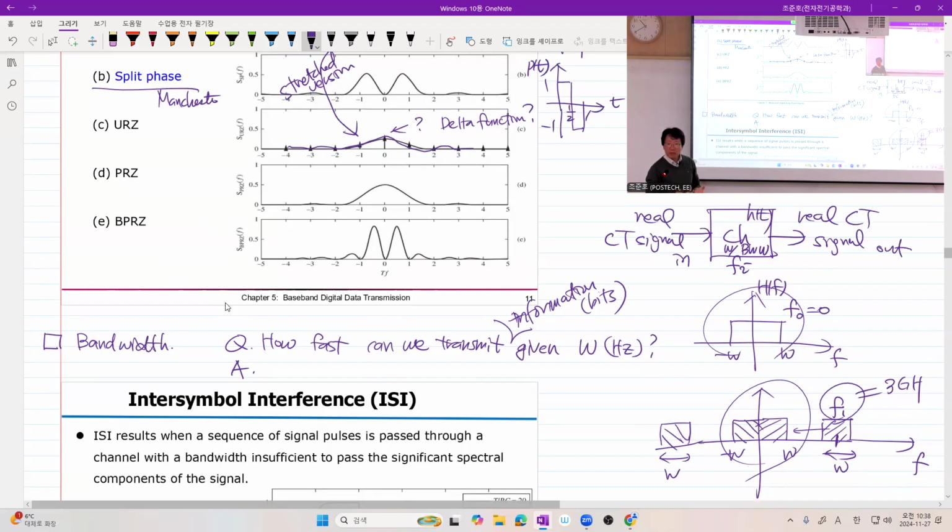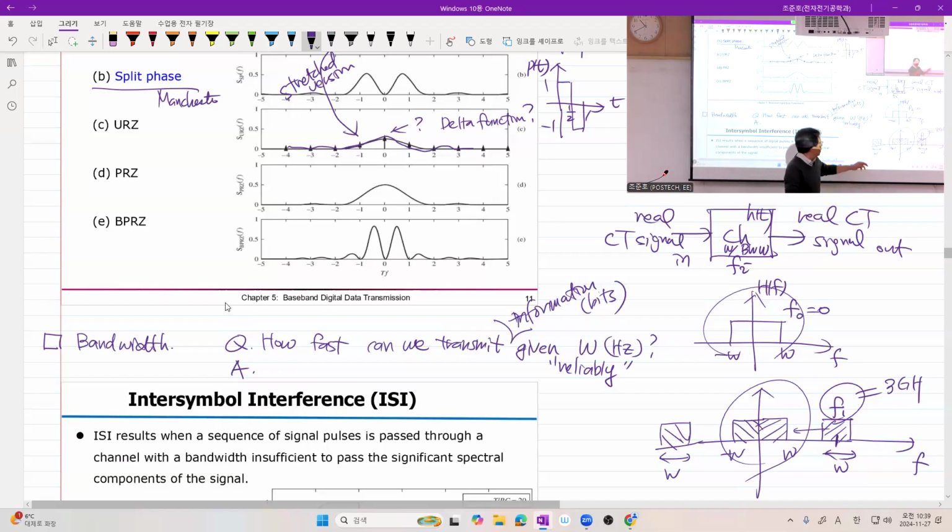The answer is very simple: infinitely fast. But then, if it's bits, the probability of error will be almost 0.5. What does that mean? No information is transmitted. So how fast can we transmit information bits given W, reliably, will be a more proper question.